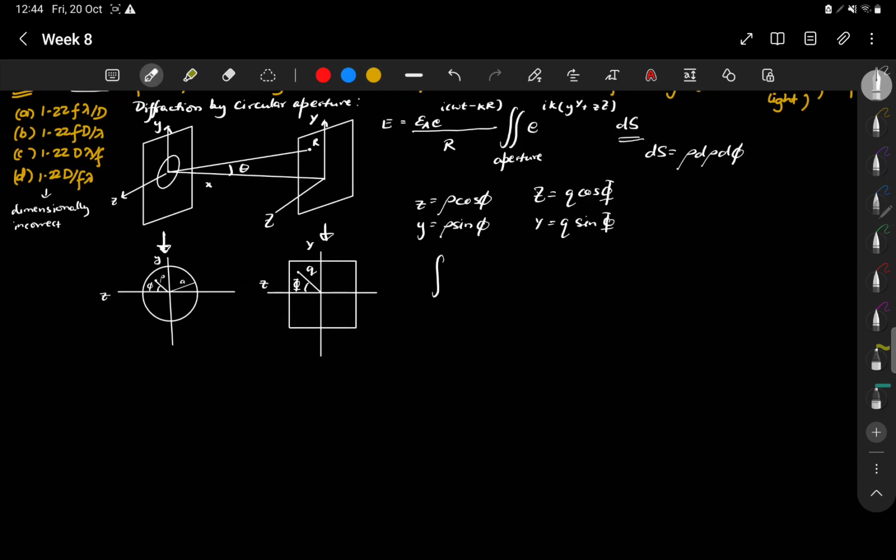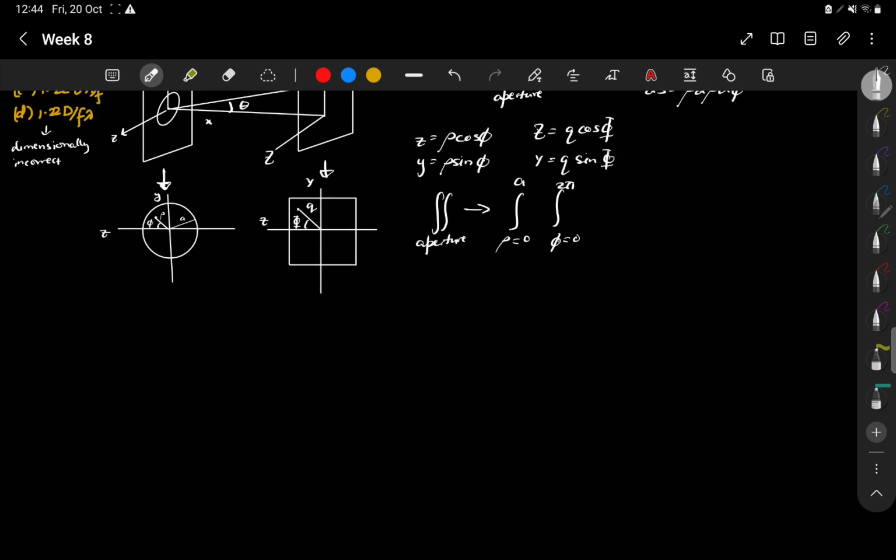So with these, the integral over the aperture transforms into a rho integral over the radius and a phi integral over the angle. And also the term y plus z becomes the following.